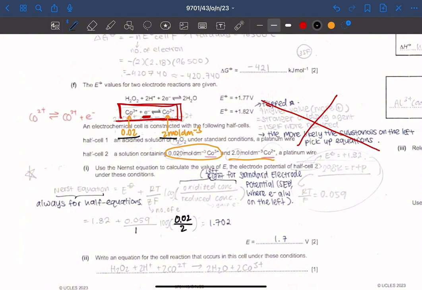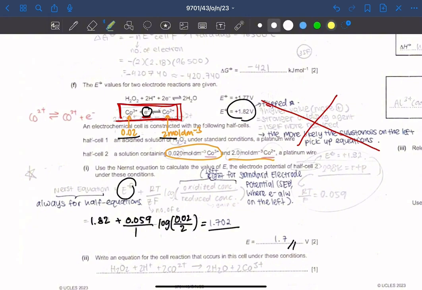And then we insert the equation where E naught is equal to 1.82 V: 1.82 plus 0.059 over z. The z is the number of electrons, and in here the number of electrons is only 1. So multiplied by log 0.02 over 2, we get 1.702, or E is equal to 1.7 V. And for this question, we should know that the Nernst equation is always for half equations only. It states in this question too, only for half cell 2. So don't focus at all on half cell 1.